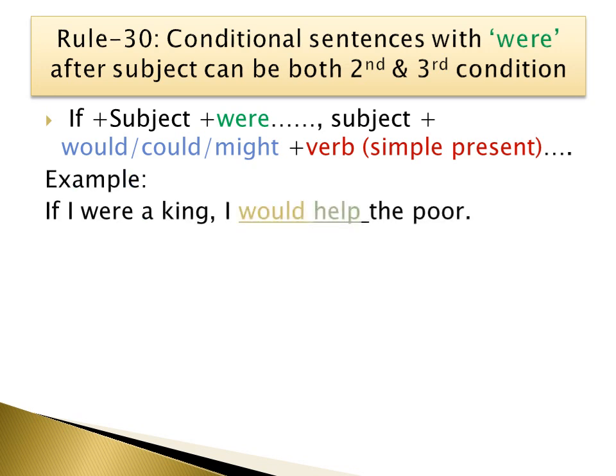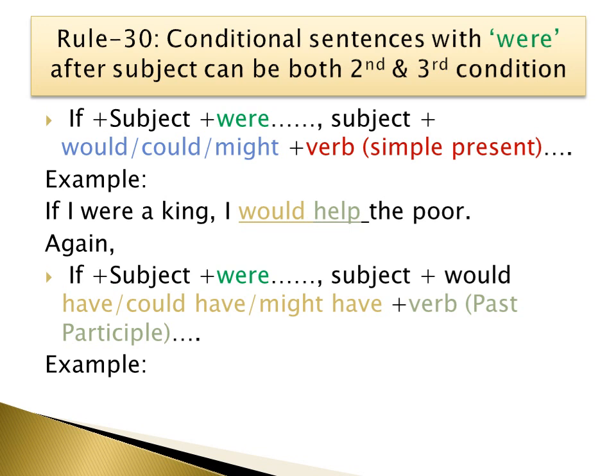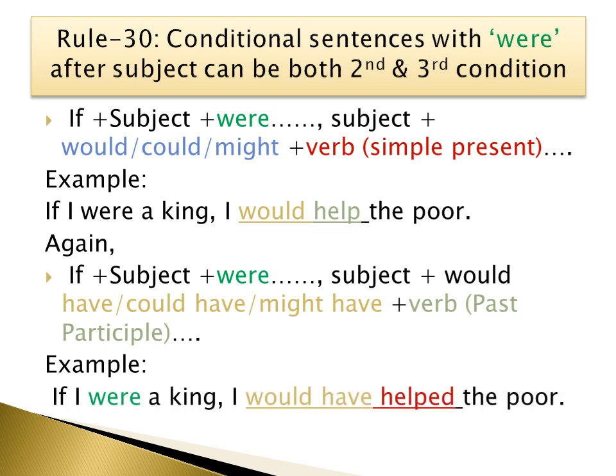Example: if I were a king, I would help the poor. Again, if plus subject plus were, and in the principal clause after the subject we can use would have, could have or might have and the verb in past participle. Let us see the example. If I were a king, I would have helped the poor.